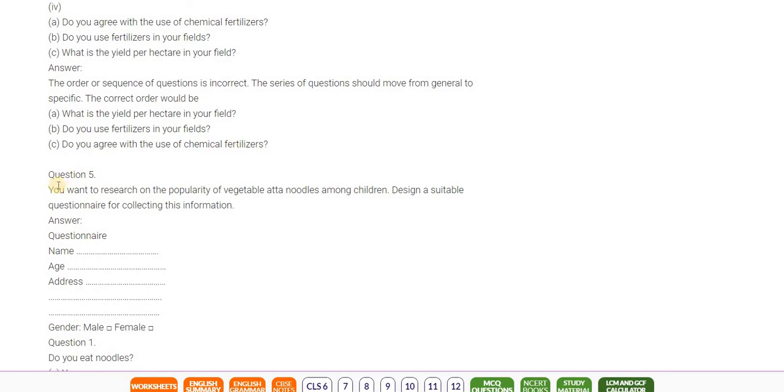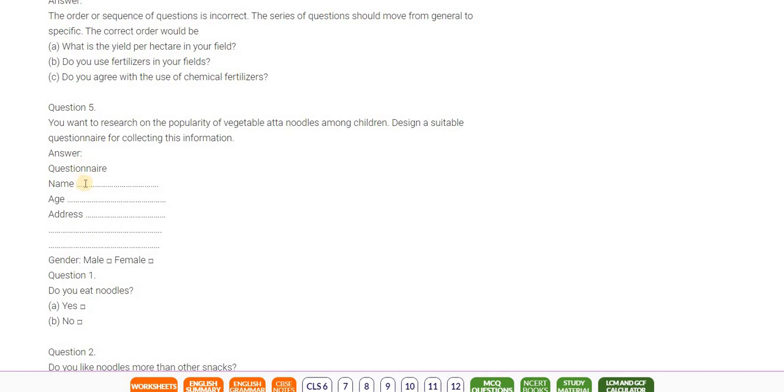Next one, question 5: you want to research the popularity of vegetable atta noodles among children. Design a suitable questionnaire for collecting the information. How can you conduct the research? Answer: first you need to prepare a questionnaire with name, age, address.